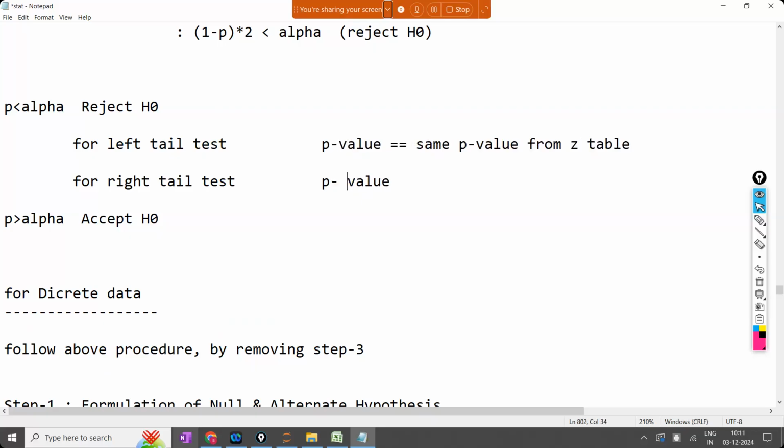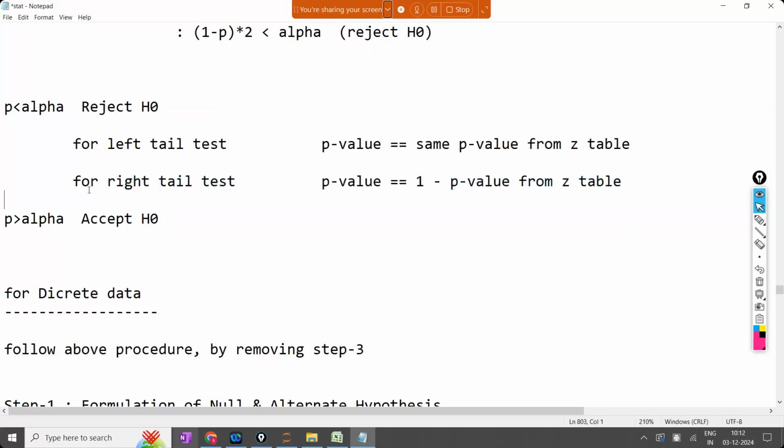The P value is equal to 1 minus the P value which you have received from the Z table. What P value have you received from the Z table? 1 minus P you have to apply. Is the point clear?